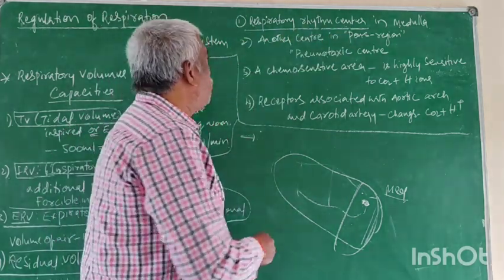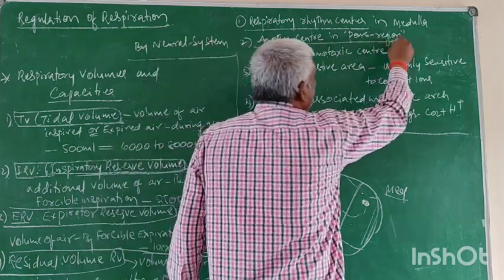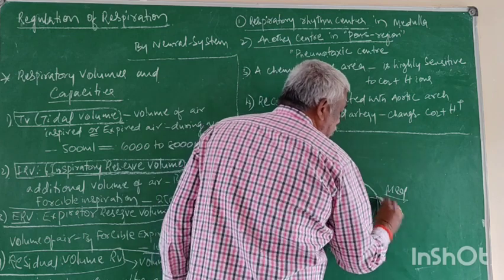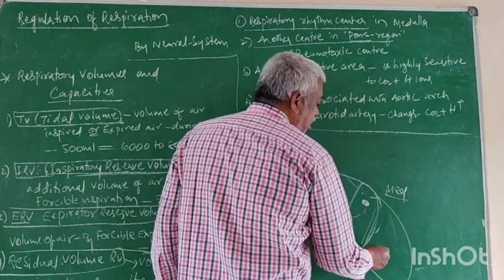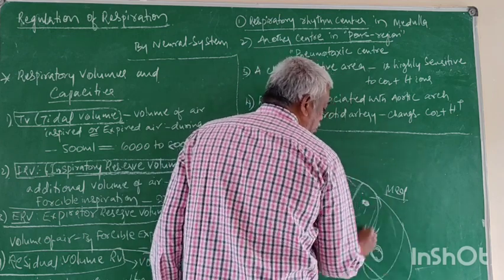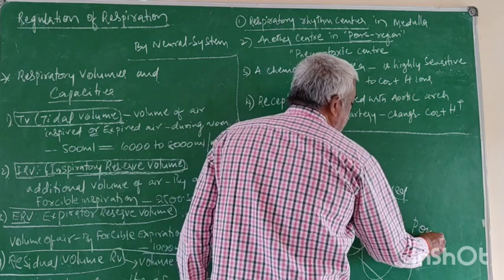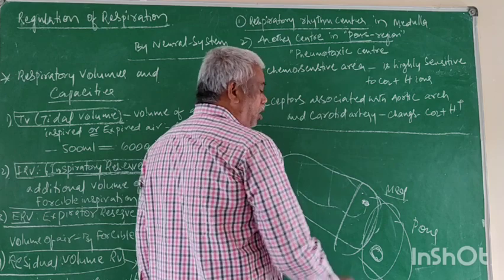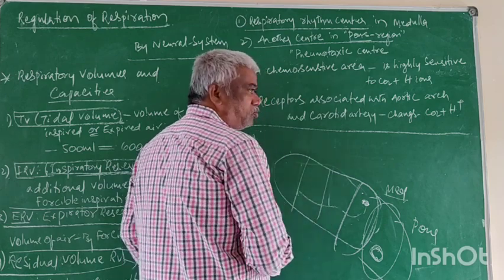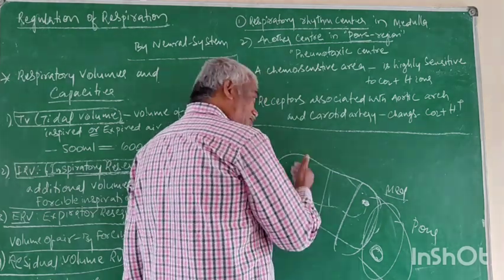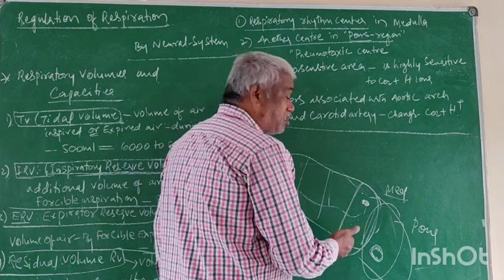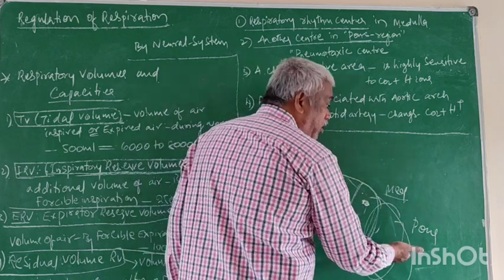Okay. Now come to another center in the pons. After the medulla oblongata, there is another part of the brain, called the pons. Just keep in mind that the brain contains many parts: cerebrum, cerebellum, optic lobes, diencephalon, medulla oblongata, pons.